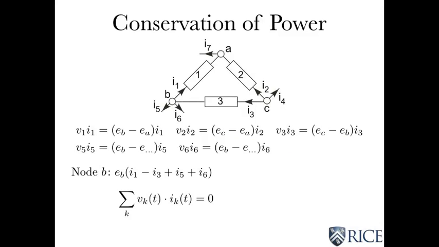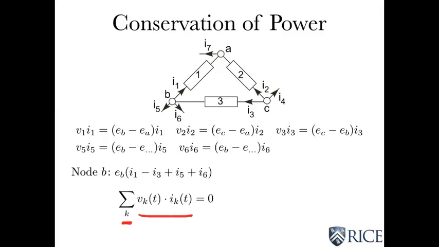This is summed over all elements in a circuit, including sources: the VK-IKs, multiply them together, add them up, you get 0. Okay, so that proves that all circuits conserve power. But what did we use to prove this?